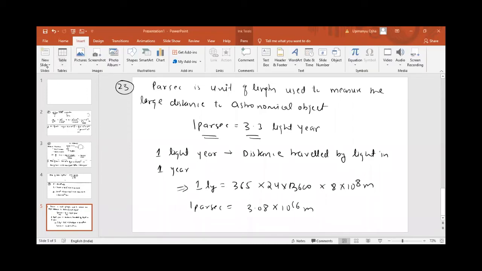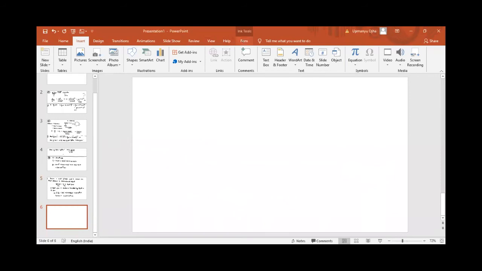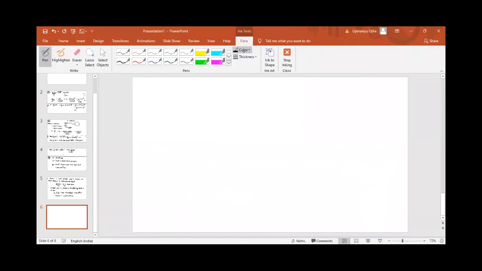See, if you think about parallax method, we have some observation. Some object is there, like the moon is there. This is the moon. And some observatory is there on the earth, at this point. Now, with the help of this parallax method, we can find the diameter of this moon.